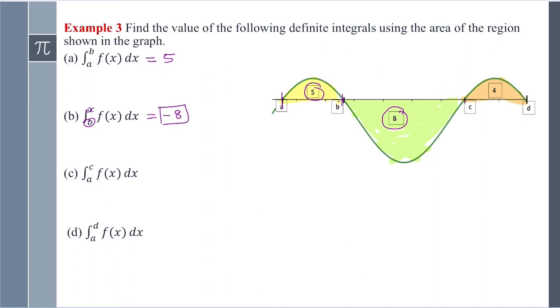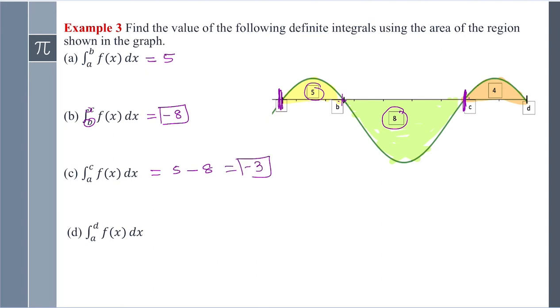Now going from A to C. We can split this as from A to B and B to C, where area above the x-axis is positive and area below the x-axis is negative. So it is 5 minus 8, and that gives us a net area of -3.